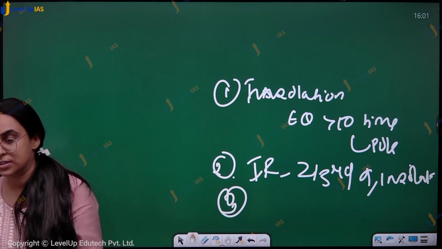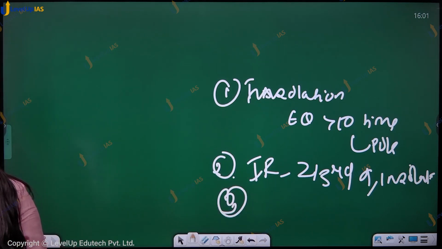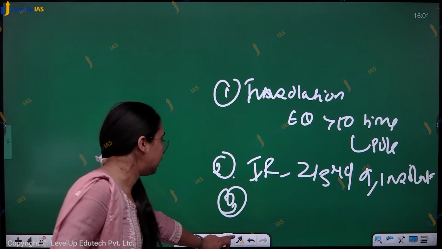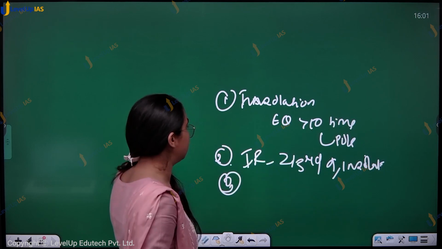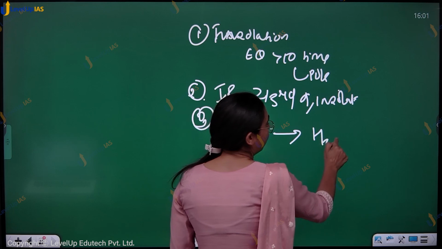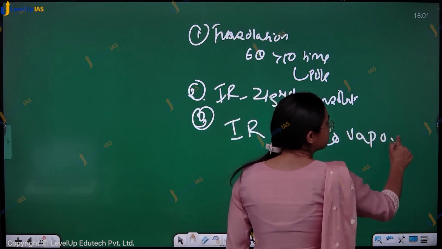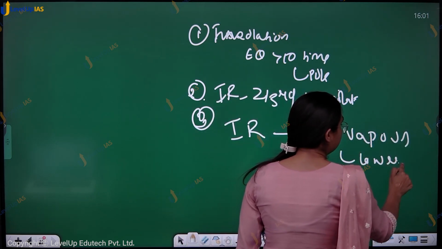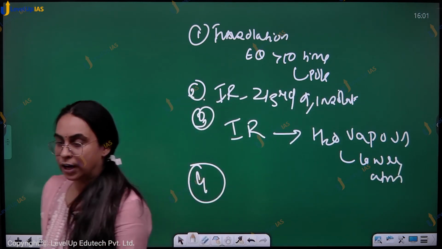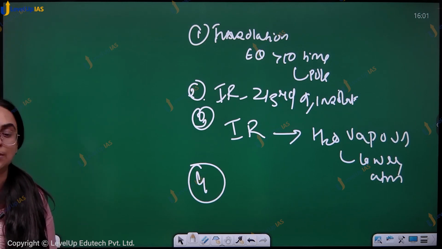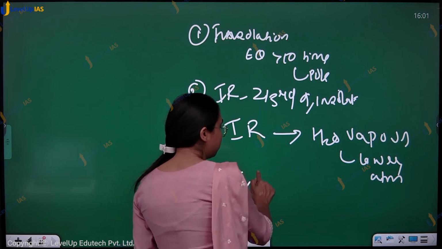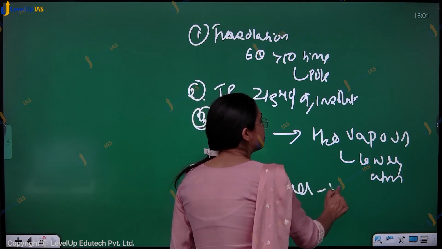The third statement is infrared radiations are largely absorbed by the water vapor that is mostly concentrated in the lower atmosphere. And the fourth statement is infrared radiations are part of the visible spectrum of the electromagnetic waves of solar radiation.